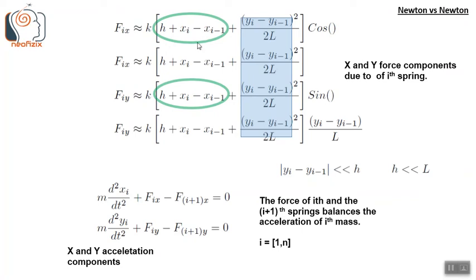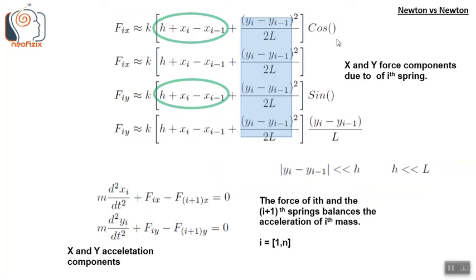So using the disturbance length, multiplying it with the spring constant k, we can find the x and y axis force components. For the ith spring, along the x axis, we get the x component f_ix. The ith spring x component f_ix is nearly equal to k into (h plus x_i minus x_{i-1}) into cos of some angle.